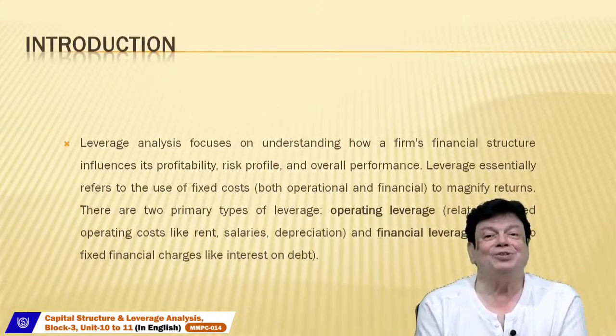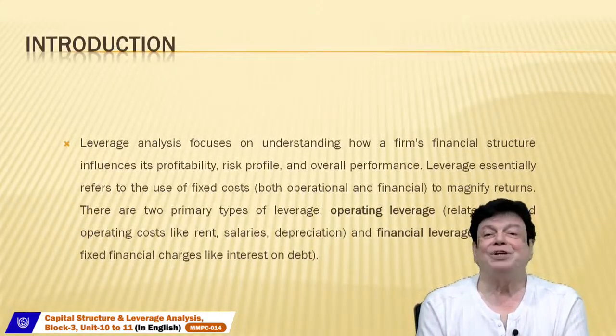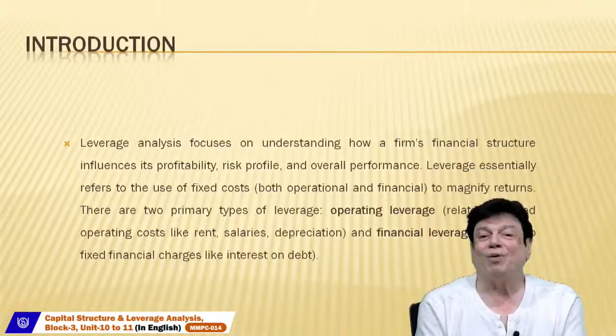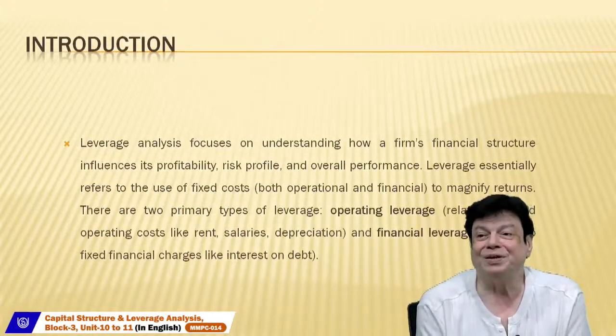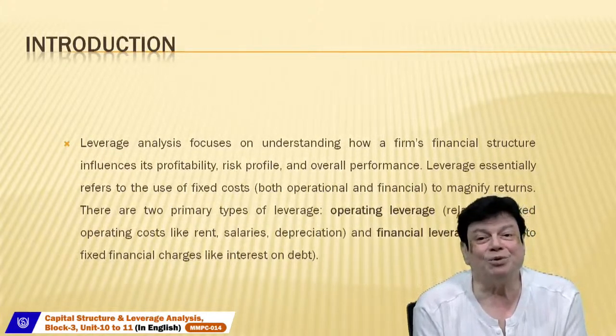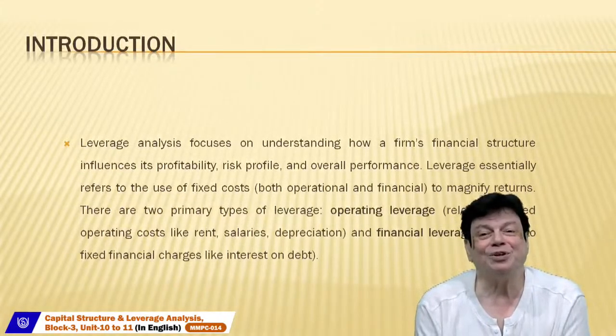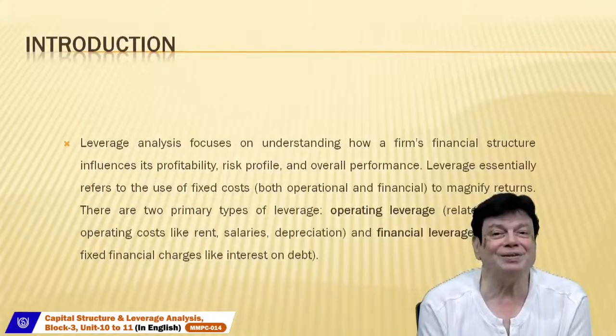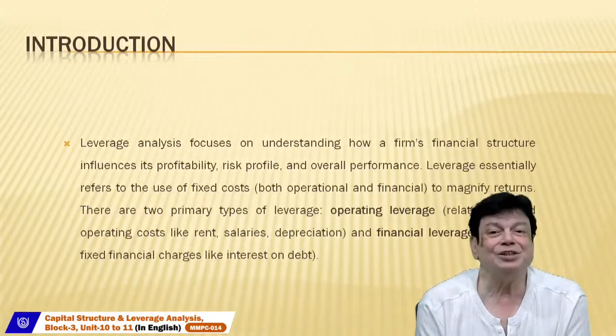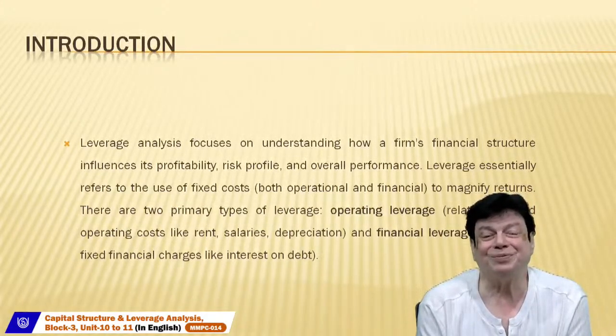Then next is the debt service coverage ratio. If you have borrowed from a financial institution, whether you will be in a position to service the equated monthly installment, the EMI, or not, you find out by seeing this ratio, the debt service coverage ratio.